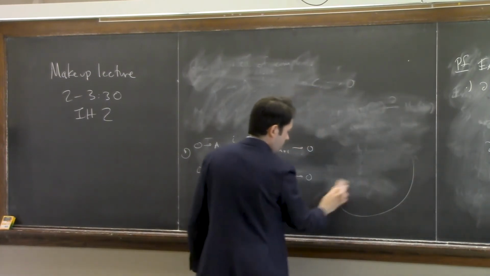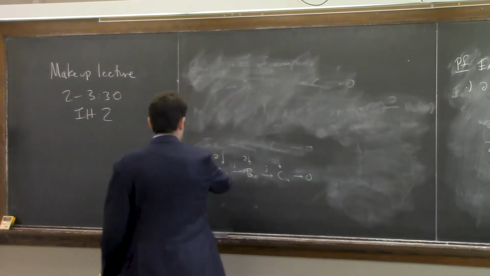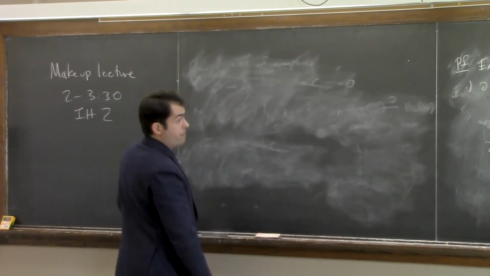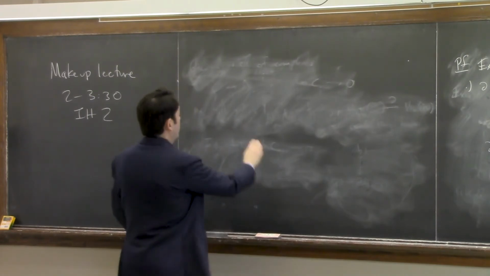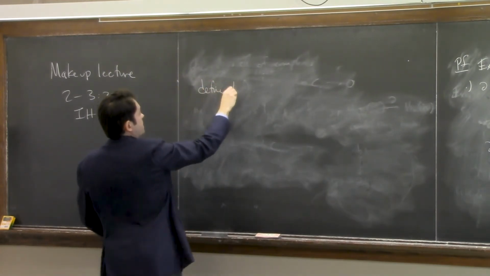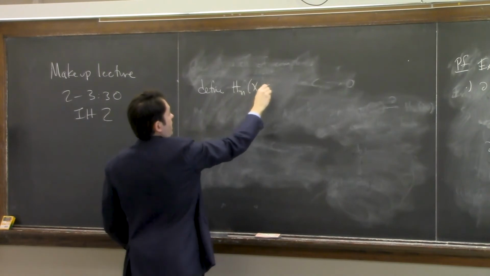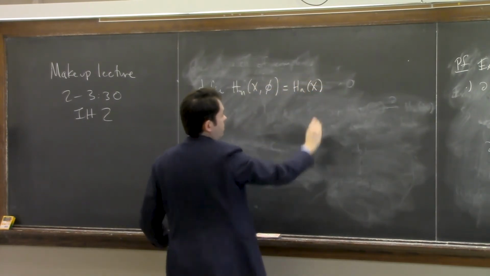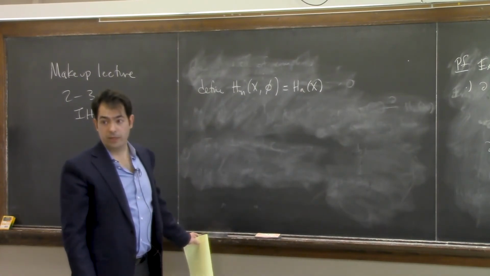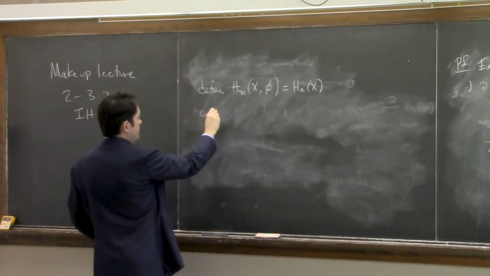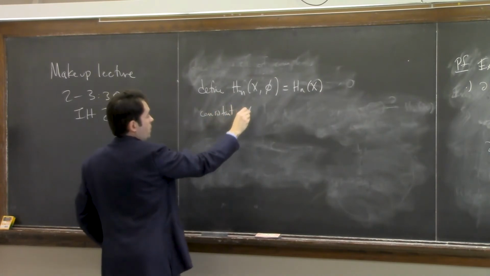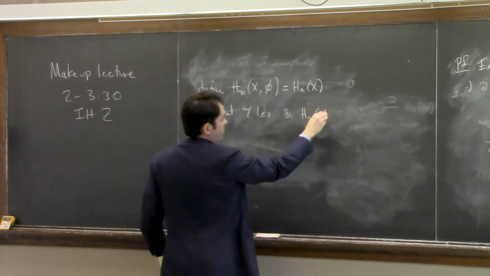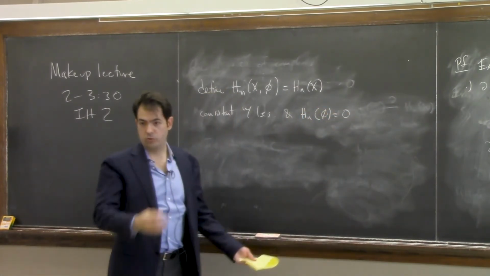Let's see, if we plug in, okay, so we define relative homology with respect to the empty set, H_n of X, that's just going to be H_n of X. Right, and that's consistent with the long exact sequence and defining the homology of the empty set to just always be trivial, which it should.